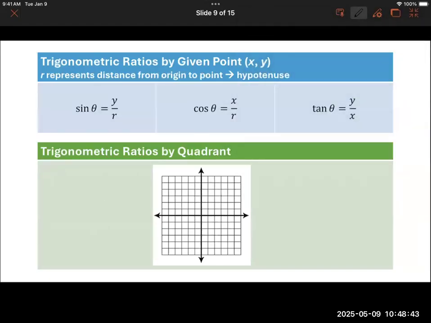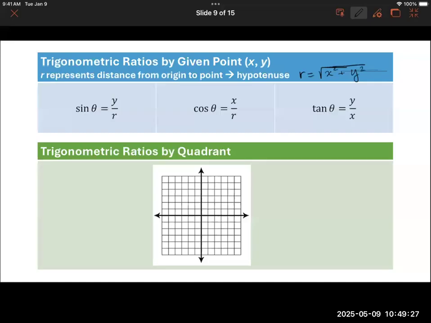So in general, if you have a point that you know the terminal side passes through, you can use that to set up your trig ratios. R in this case represents that distance from the origin to the point, which becomes our hypotenuse. And we're always going to find R by taking the square root of x squared plus y squared. Basically, the x is always one leg, the y is always the other leg, and this is a version of the Pythagorean theorem.